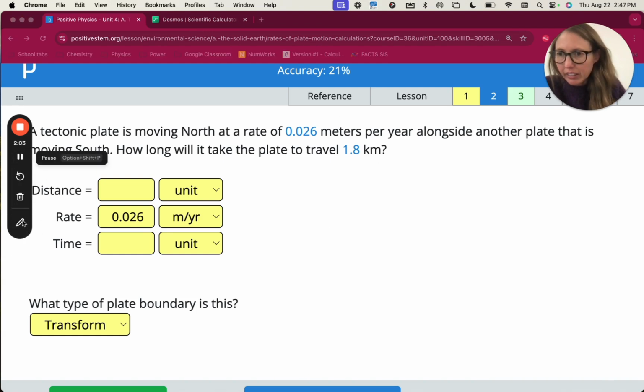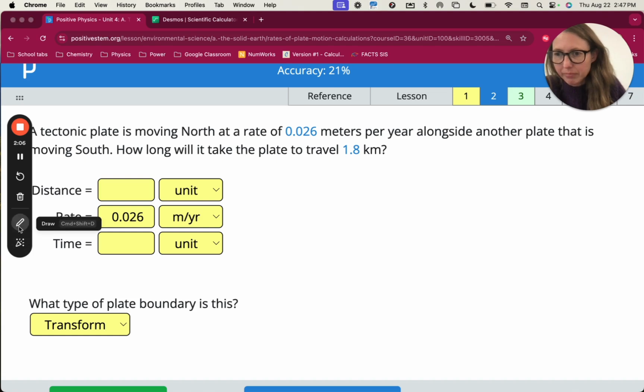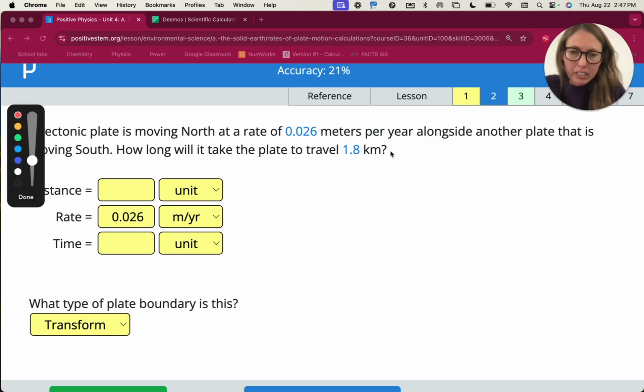So we have our 1.8 kilometers, and then we're going to convert that into meters. So we have 1 kilometer on the bottom and 1,000 meters on the top.